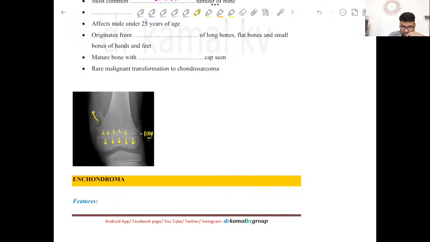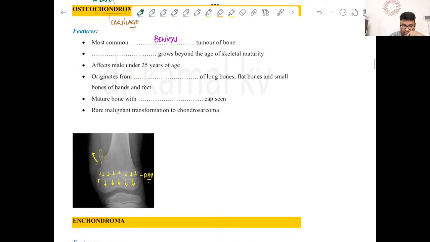So till the period the physis is active, usually you can take it a time period of 16 to 18 years, and it is contributing to the longitudinal growth of bone, the tumor will increase in size. So this is one rule, right? And once the growth plate fuses, the tumor should stop growing.